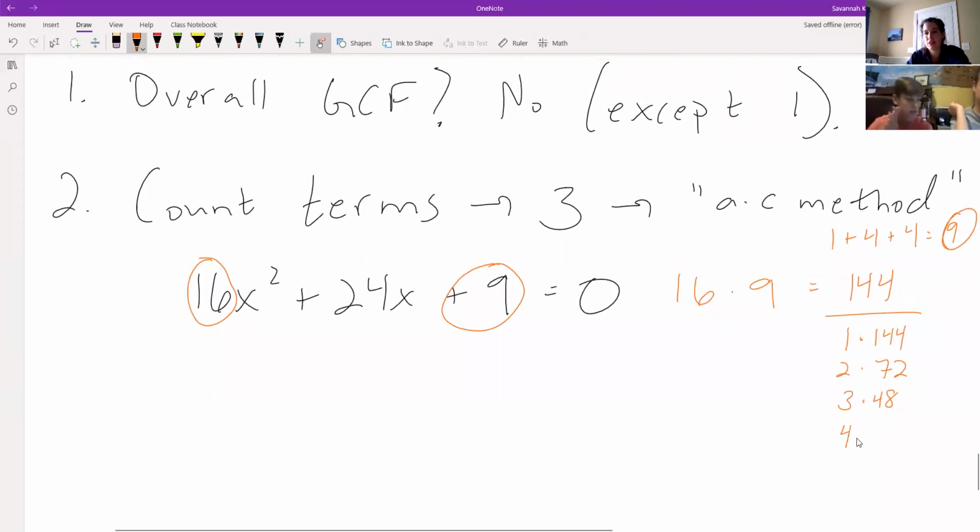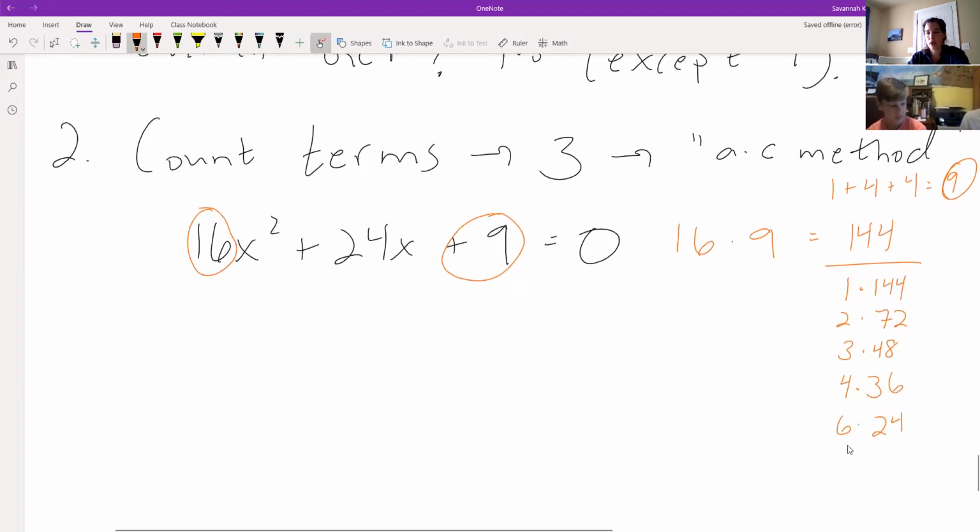4, I just tested 4 out earlier. Right, 4 times 36. 5 does not. 6 times 24. And as I am writing these pairs, I can see that none of them are adding to be 24 quite yet.